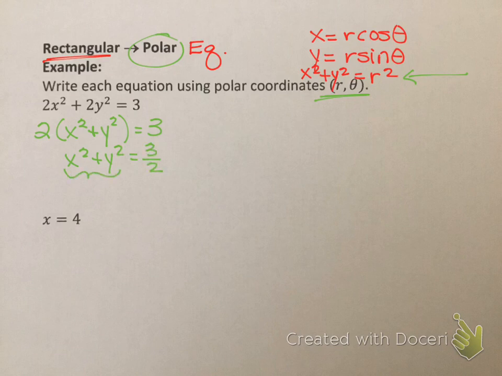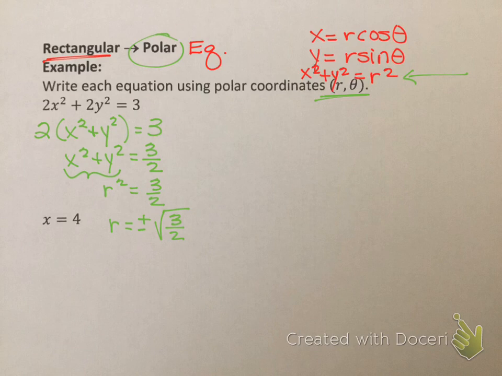And since x squared plus y squared is equal to r squared, that means my polar equation would be r equals plus or minus square root of 3 halves. You don't need to worry about rationalizing the denominator.